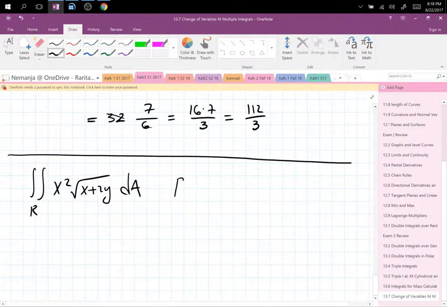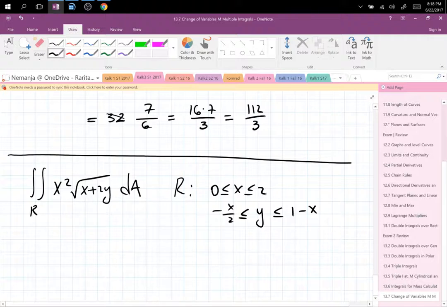The region R is given by 0 less than or equal to x less than or equal to 2, and negative x over 2 less than or equal to y less than or equal to 1 minus x.